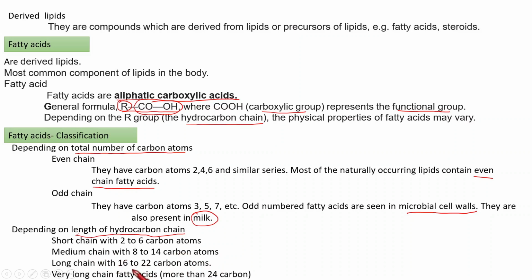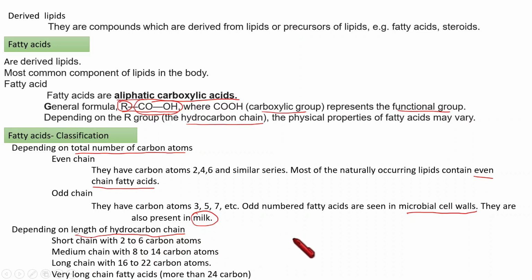If it has 16 to 22 carbon atoms, we call it a long chain fatty acid. And if the hydrocarbon chain contains more than 24 carbon atoms, we call it a very long chain fatty acid.